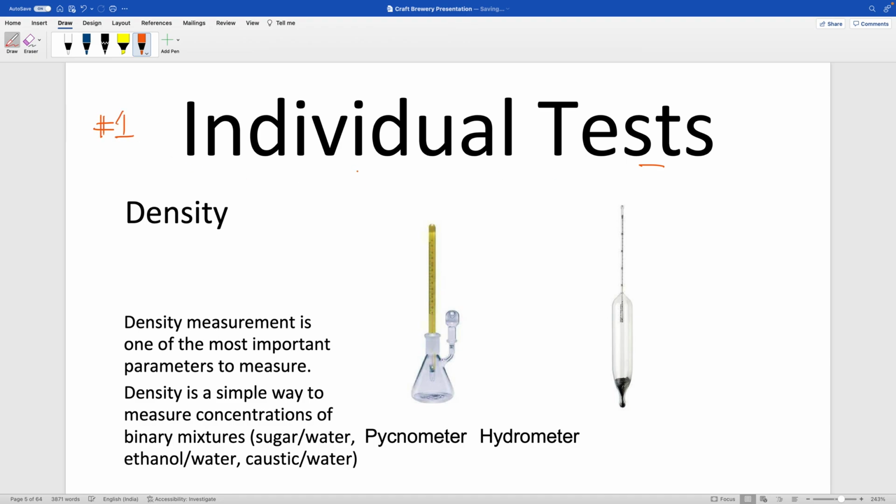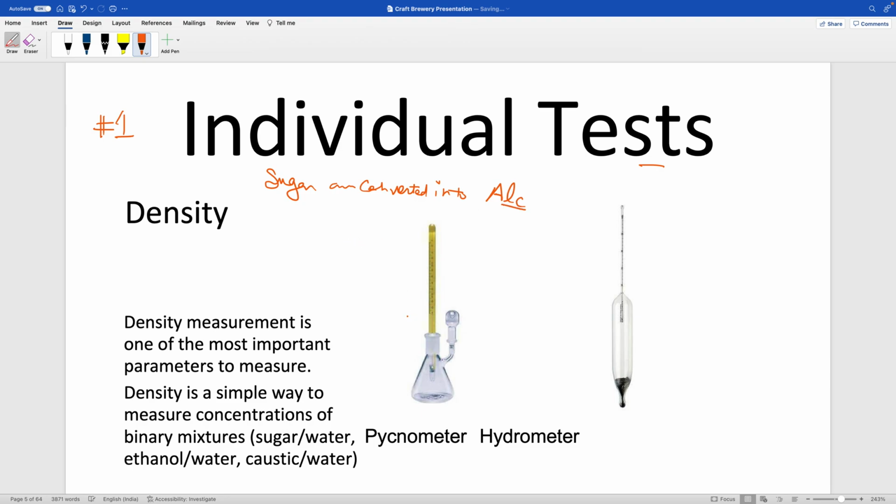So why do we measure density? Because density tells how much sugars are converted into alcohol.